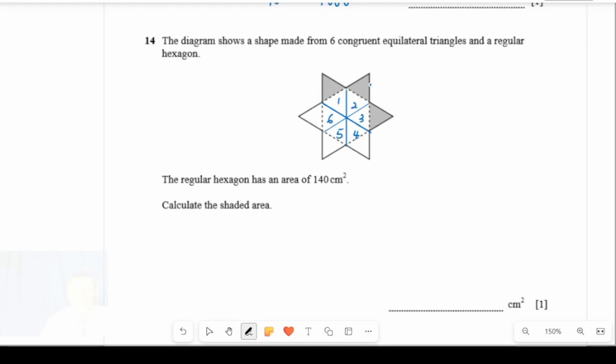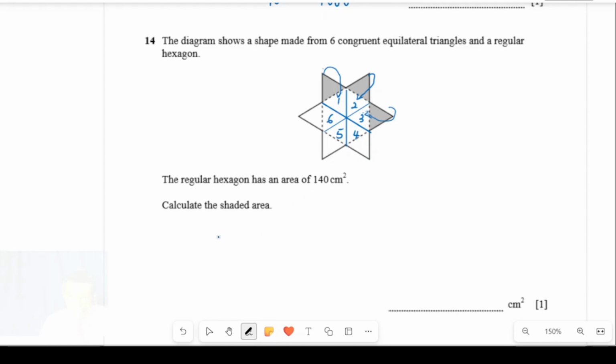So they tell you that the area of the hexagon is 140, and this one is a net shape, so we can flip this. This can represent triangle 1, then this will cover triangle 2, and then this will cover triangle 3. So what you are left with, the area of the hexagon divided by 2, will be the area of the shaded portion.